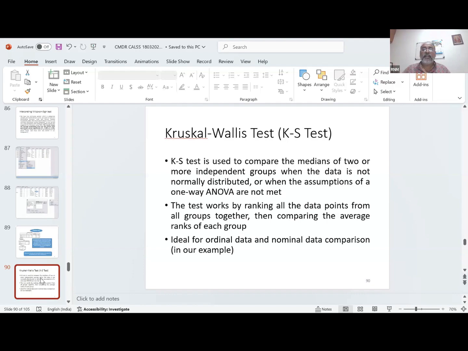The Friedman ANOVA and this Kruskal-Wallis are all looking at the variances. The test works by ranking all the data points from all groups together, then comparing the average ranks for each group. If you see all these tests, you will get confused, but there are only minor, technical variations, though the interpretations differ.